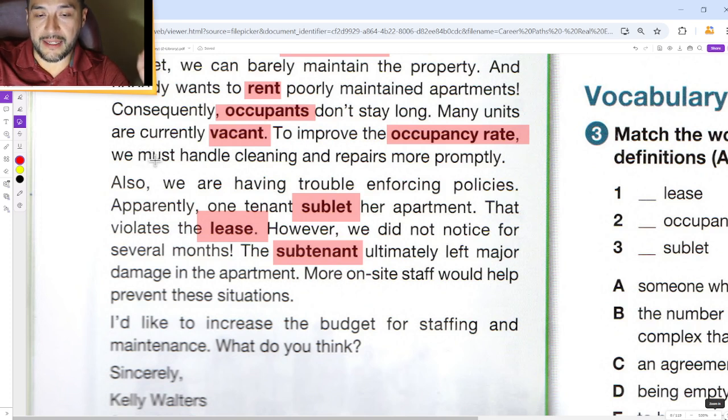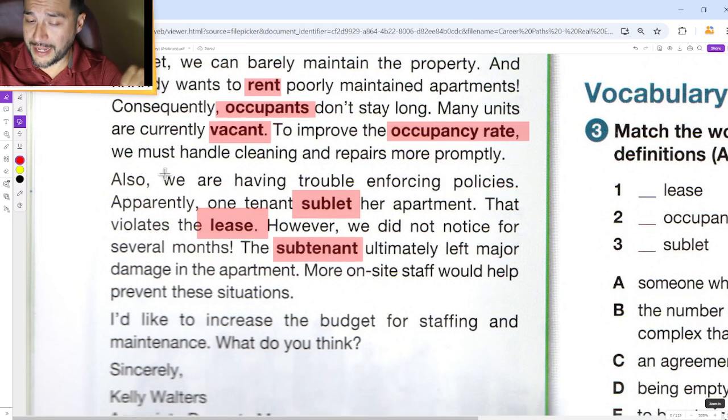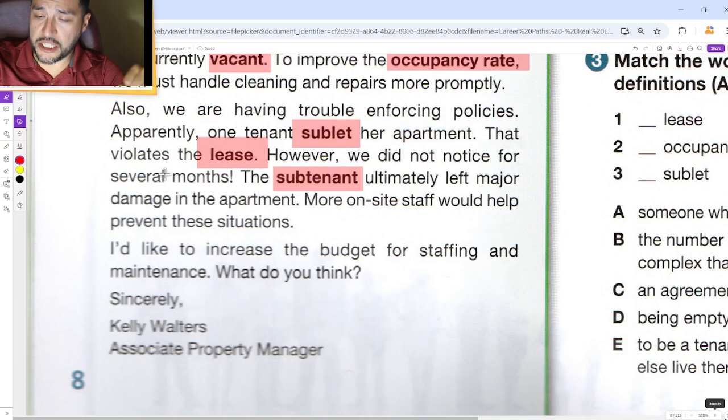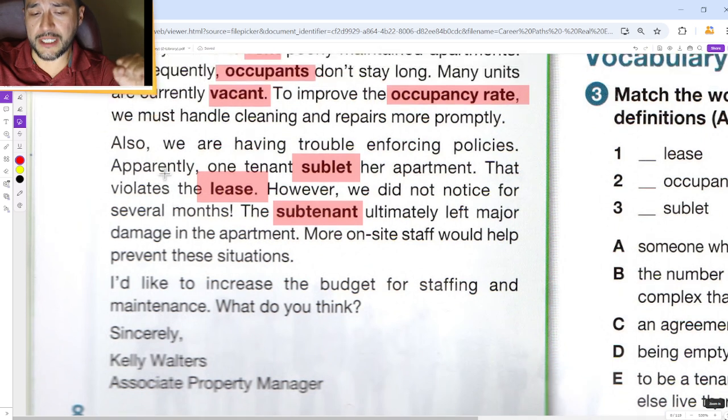That violates the lease. However, we did not notice for several months. The subtenant ultimately left major damage in the apartment. More on-site staff would help prevent these situations. I'd like to increase the budget for staffing and maintenance. What do you think? Sincerely, Kelly Walters, Associate Property Manager.